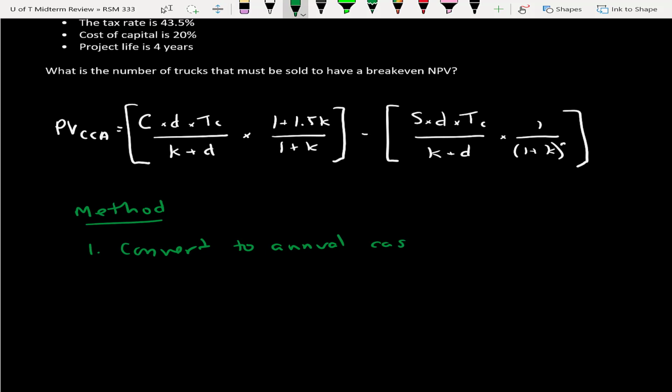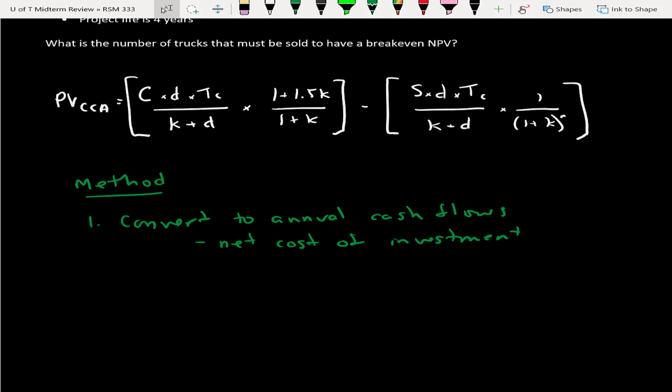The items we will be converting are the net cost of the investment, because you make an investment in a lump sum but we want it in an annualized amount, so we're going to use an annuity in a second. The CCA tax benefits, which we also want to convert into an annuity, and then any after-tax fixed costs.